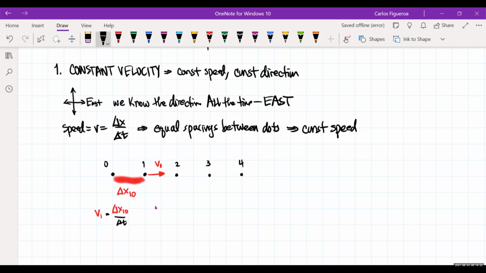So speed v1 is associated with the distance prior to that. And then if I look at speed v2, the speed at v2 is about the distance between 2 and 1. So when I look at speed 2, which is this speed right here, it's always about the distance prior to that.